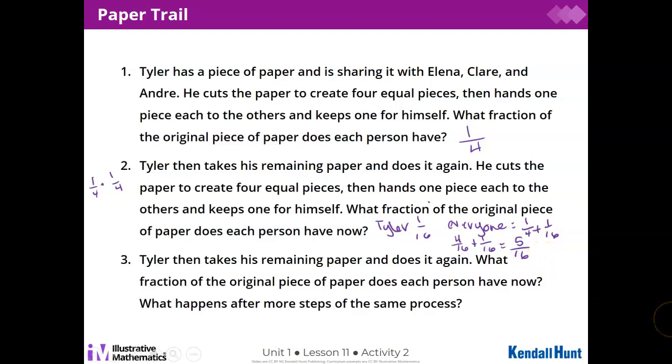Now the last question. Tyler then takes his remaining paper and does it again. What fraction of the original piece of paper does each person have now, and what happens after more steps of the same process? Hit pause and answer that question. Tyler took 1/16 and he took 1/4 of that, so we multiply, and 1 over 4 times 16 is 1 over 64.